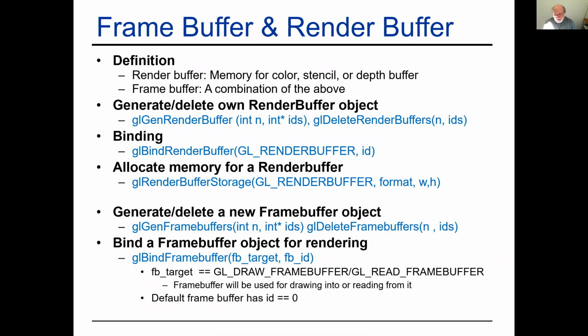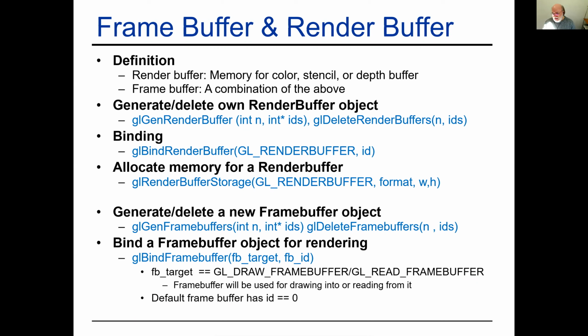However, OpenGL allows you to allocate additional frame buffers and control the render buffers, so these memories for color, stencil, and depth. And so this glGenRenderbuffers essentially again allocates IDs for those buffers. You can bind them pretty much like textures or general buffers, as we discussed before, and then you can allocate memory for those buffers once they're bound.